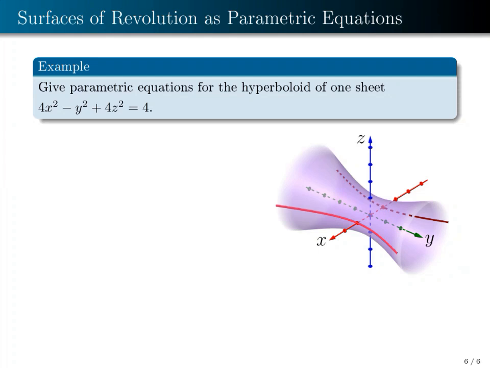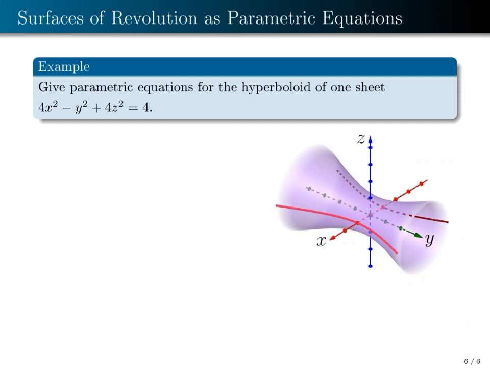For the second example, we need to give parametric equations for the hyperboloid of one sheet 4x squared minus y squared plus 4z squared equals 4. The figure on the right shows the hyperboloid of one sheet. Observe that the traces of the hyperboloid in planes parallel to the xz plane are circles. This implies that the hyperboloid may be obtained by rotating this red curve about the y-axis.